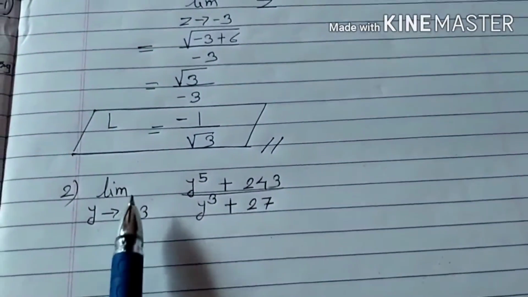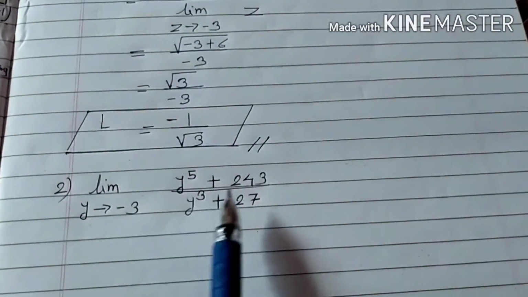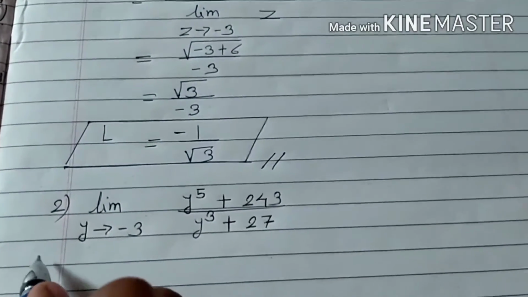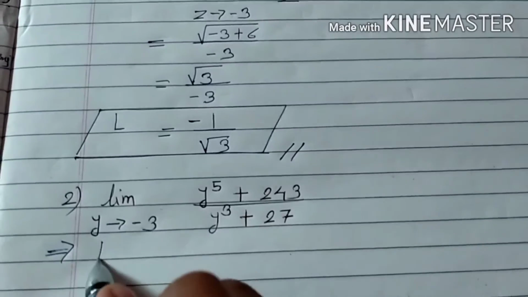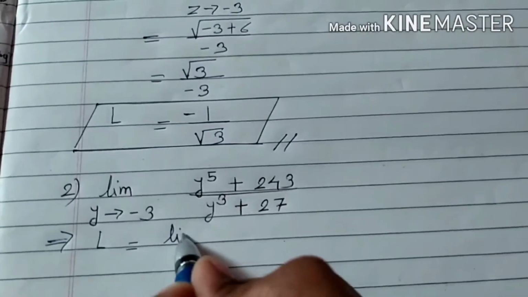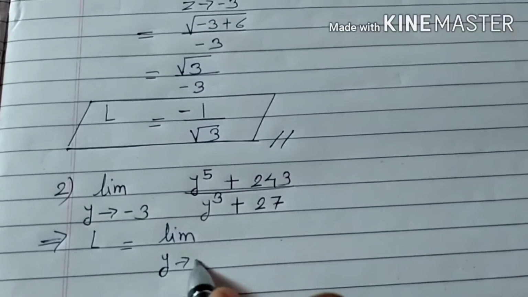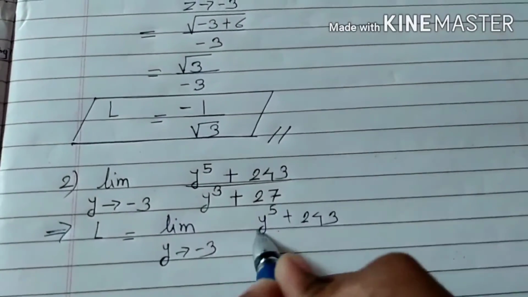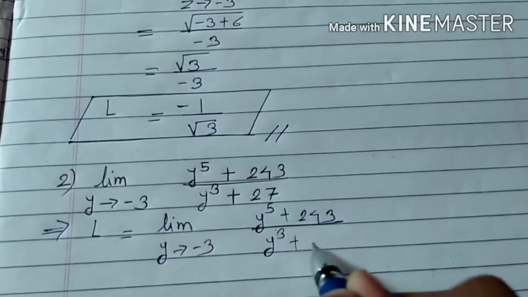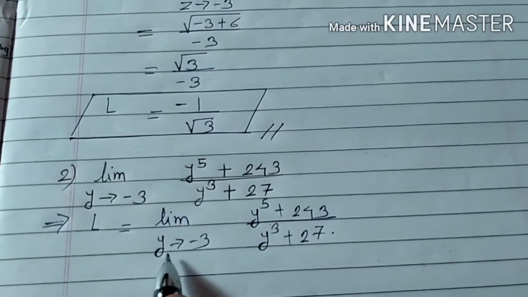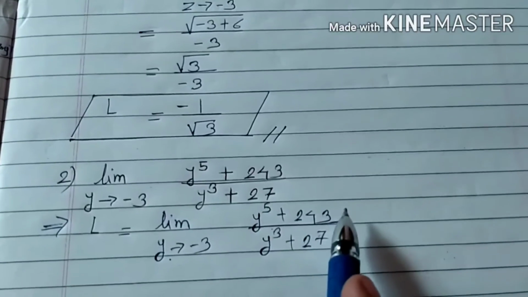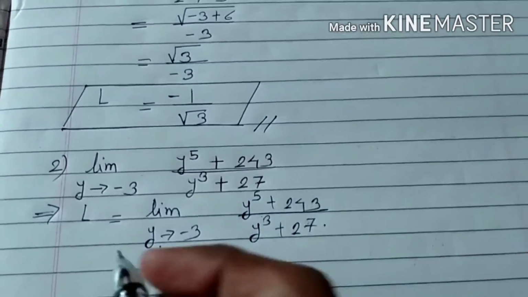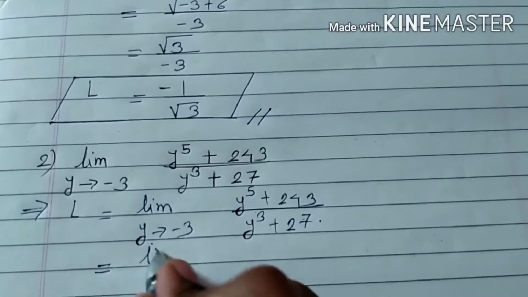Now the next example: the limit as y tends to minus 3 of y raised to 5 plus 243 upon y cube plus 27. So first we take it as L, L for limit. Now you can observe that y tends to minus 3, and 243 is related to 3, and 27 is also related to 3.